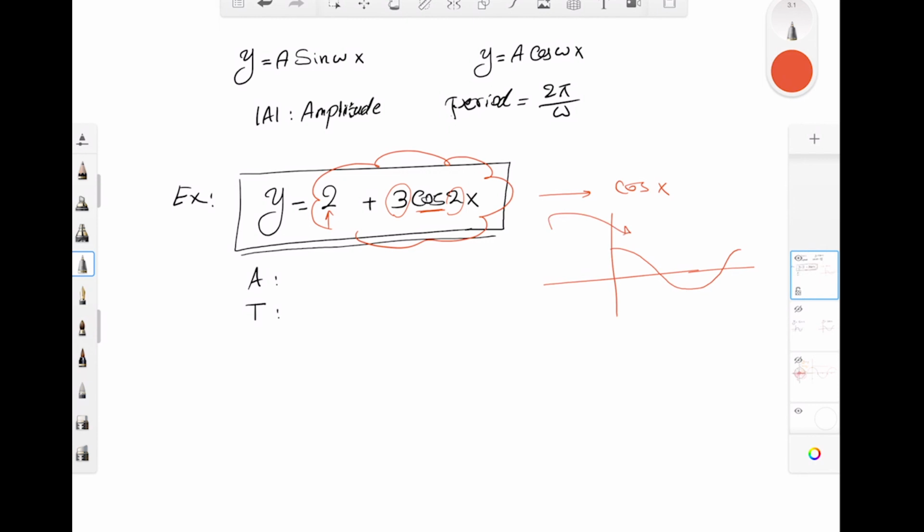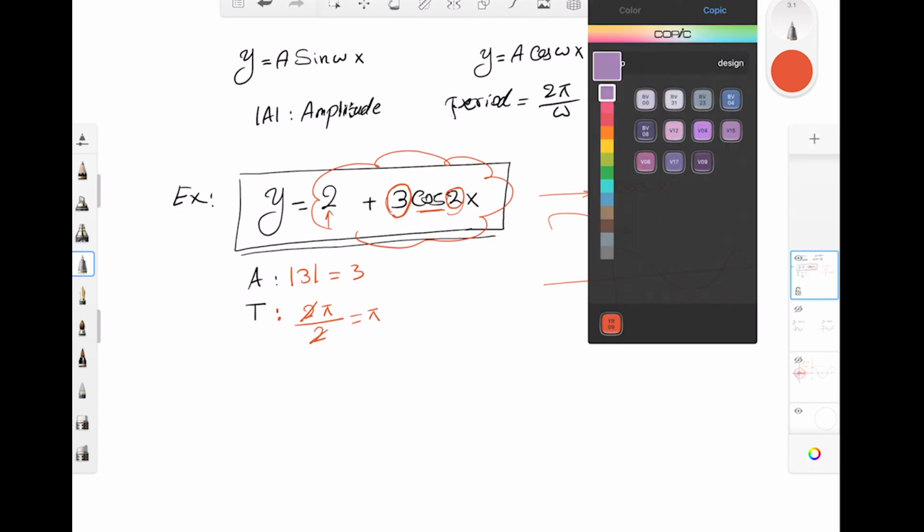But for now, the amplitude is the number that multiplies cosine or sine. In this case the absolute value of 3 is 3. The period of the graph is 2 pi over this coefficient, which is 2. The answer is pi.